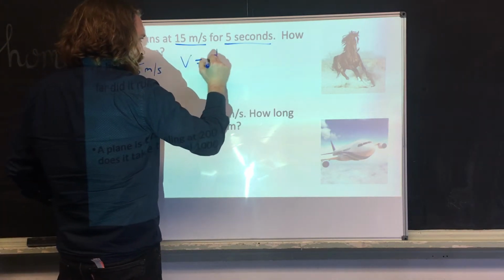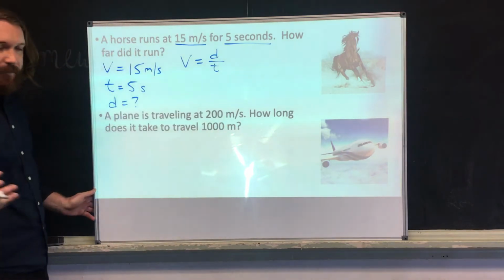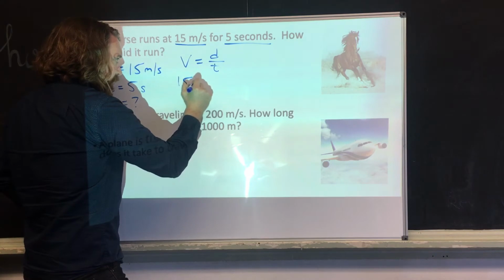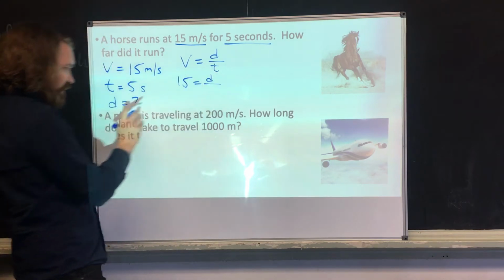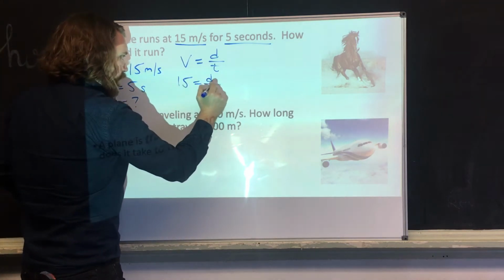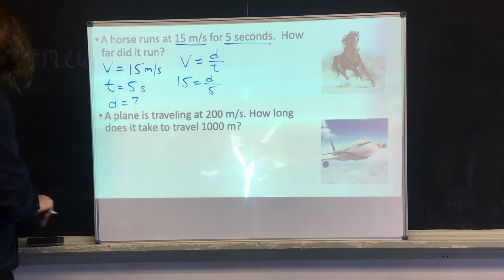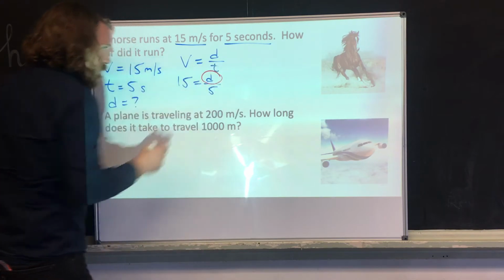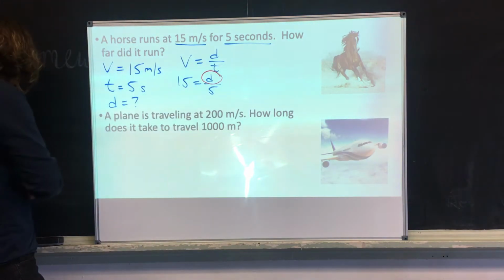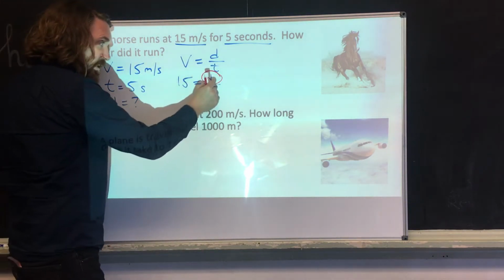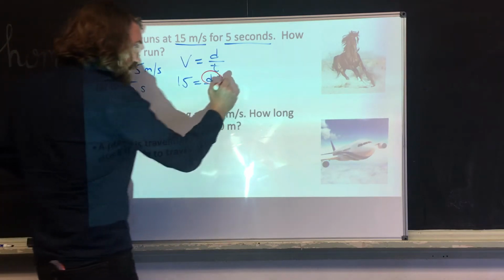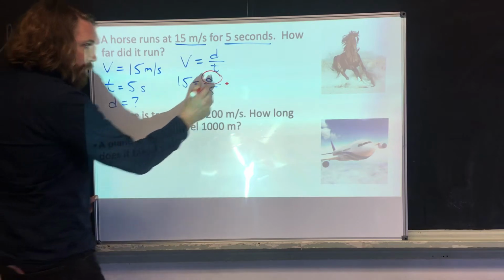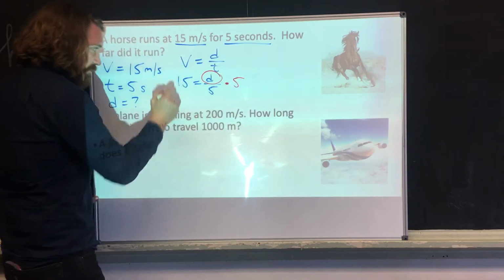Okay, make a chart, write down your equation. Velocity equals displacement or distance divided by time. Plug in our numbers. V is 15. Distance is, I don't know, and time equals 5. All right? Again, we want this distance by itself, so we circle it. Here we see division, so we do the opposite of division, which is multiply, and we always multiply by the number in the bottom, which is 5.